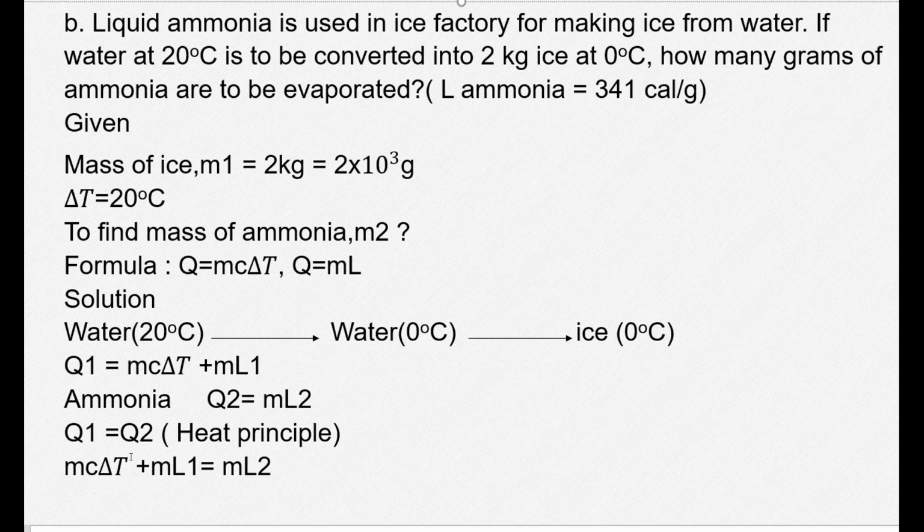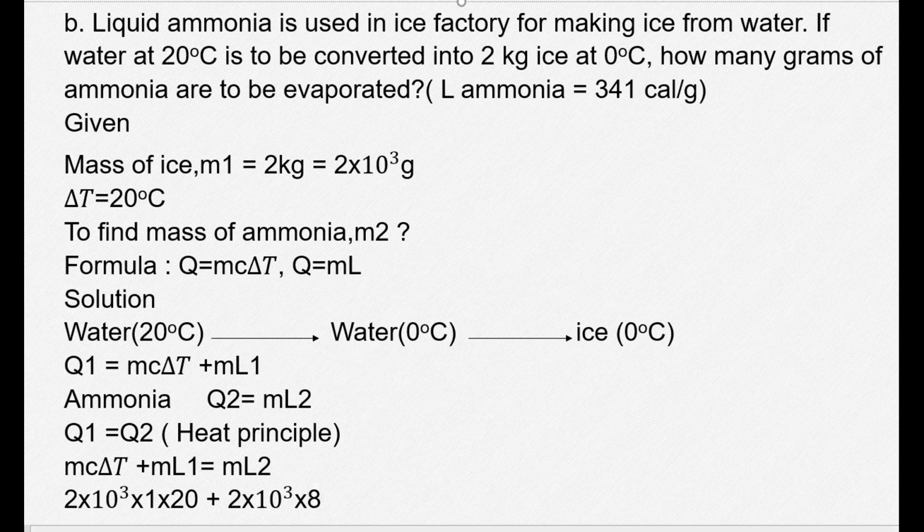MC delta T: the mass of ice is given, 2 into 10 raised to 3, into the specific heat of water, which is 1, into delta T, the difference in temperature, which is 20. Plus M into L1: the mass of ice is 2 into 10 raised to 3, into L1, which is 80.